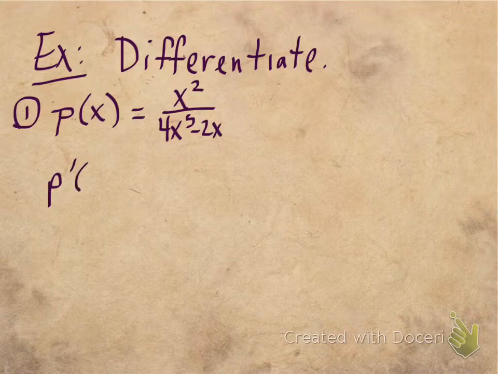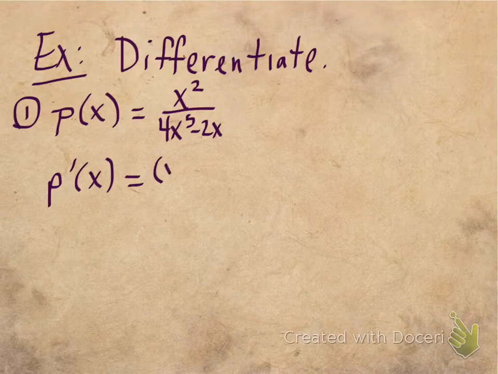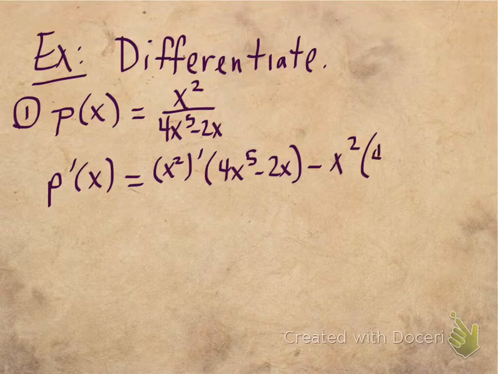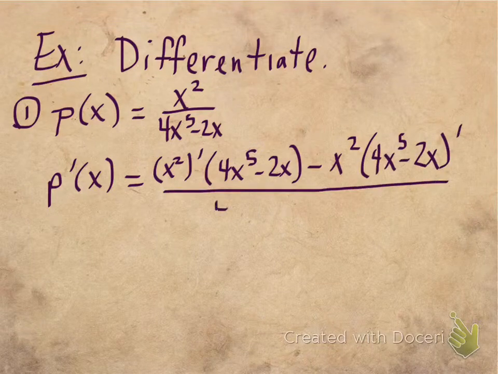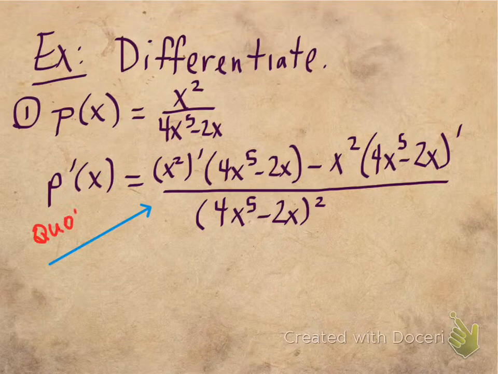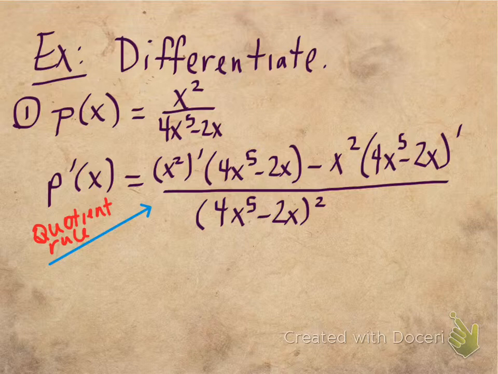So P prime of x, I take the derivative of the top times the bottom minus the top times the derivative of the bottom, all over the bottom squared. And I'm going to use good parentheses so that I make sure that I don't lose a minus sign somewhere. So this is the quotient rule part of it.